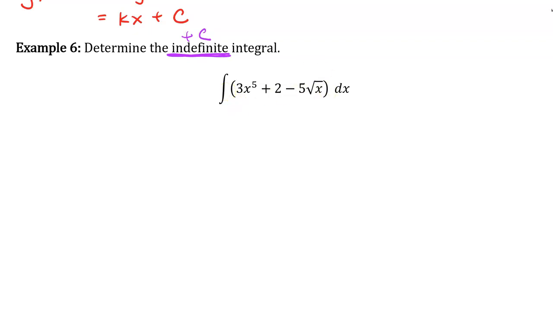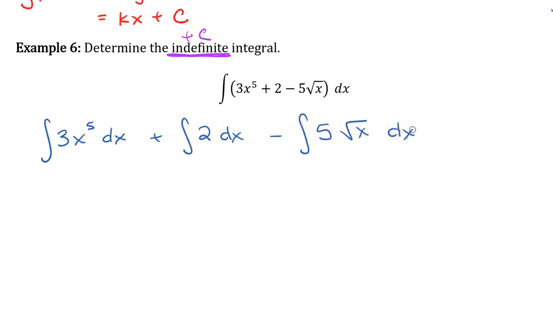So the first thing I notice with this particular problem is that we have addition and subtraction in between. What happened when we did that with derivatives? Well, we just pulled them apart. Same thing for integrals. We can just pull them apart. All right. And now we can apply the rules for integrals that we know.